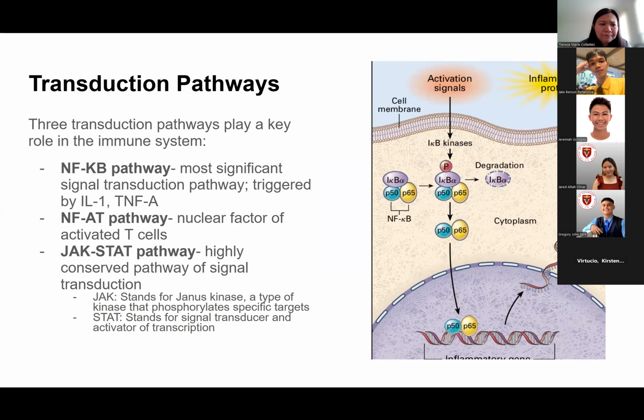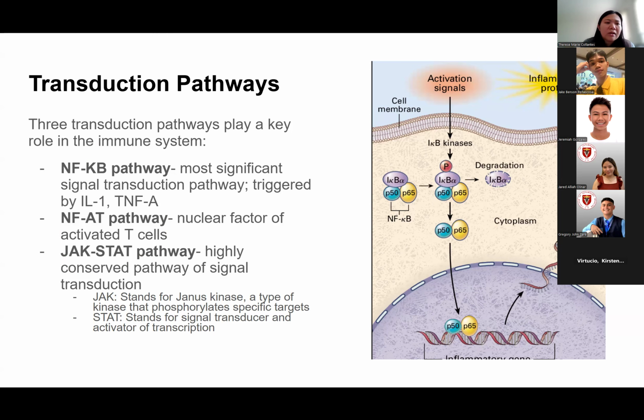So that's why we have the 3 most important transduction pathways that are included in your textbook, in the topics, because the immune system will trigger the activation of these 3 very important transduction pathways. And to simplify, I will emphasize only these 3, the most important.